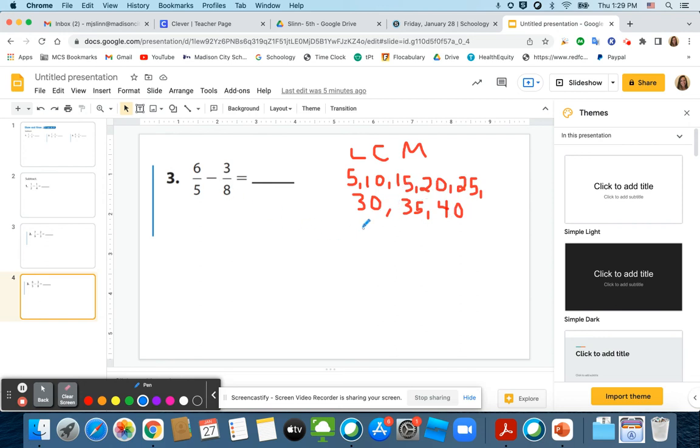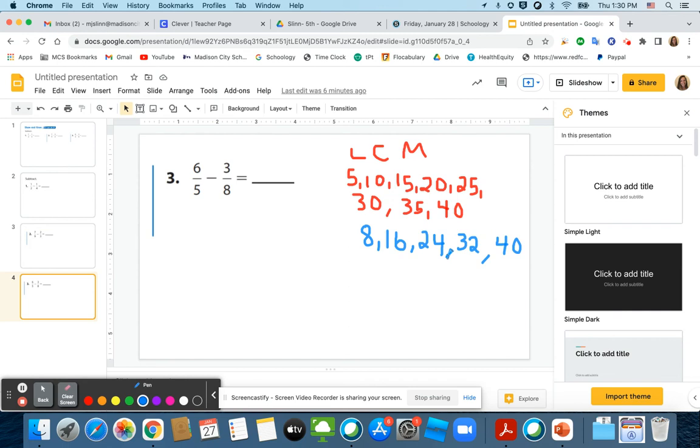And then for multiples of 8, we have 8, 16, 24, 32, and then 40. So I think there was actually a little note about that on one of our example pages.